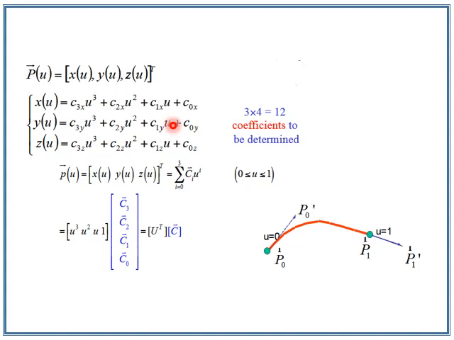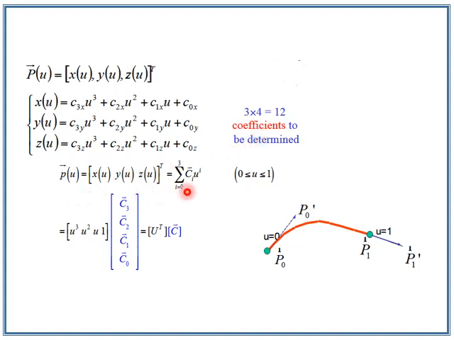It is a piecewise cubic polynomial interpolating curve, the Hermite curve, which can be represented by P of u equals [x(u), y(u), z(u)] transpose. From this, all three coordinates x, y and z can be formed. So it is a third degree polynomial equation, with u power 3, u power 2, u and coefficients. There will be 3 axes, so there will be 3 equations of 4 coefficients, and so there will be 12 coefficients to be determined through this Hermite curve.